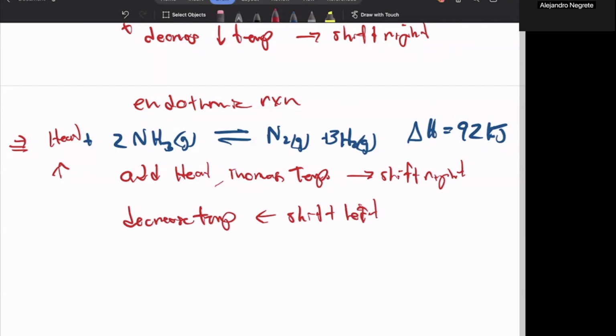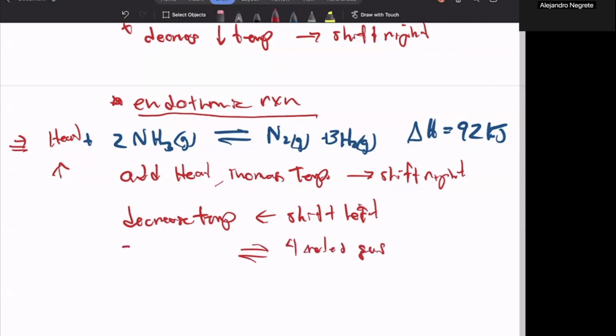Now, still staying with this endothermic reaction, let's just continue with it. How about pressure here? On the product side of this reaction, we have 4 moles of gas.